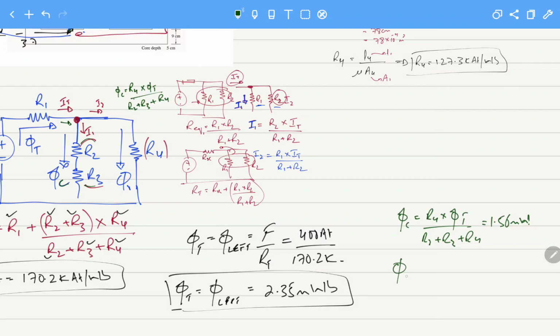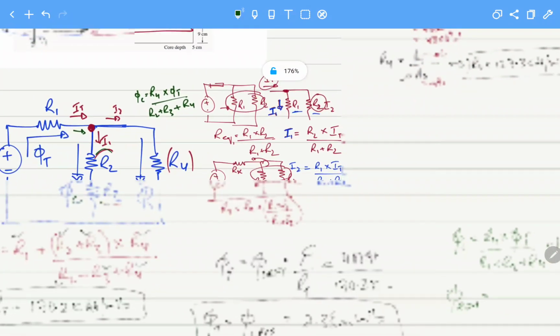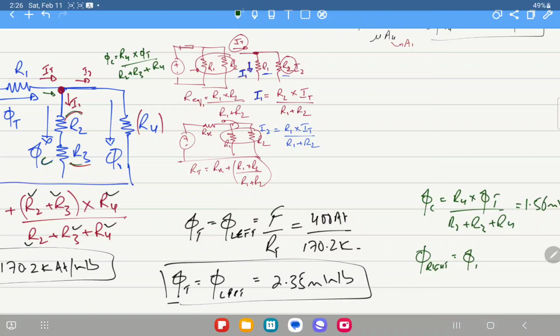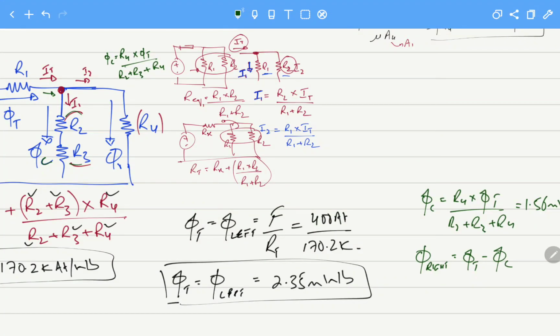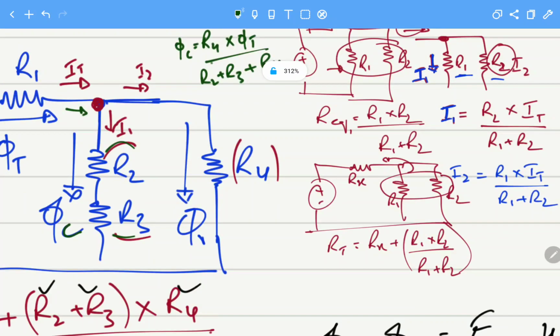Now what about flux in the right side? Actually, flux on the right side is flux T minus flux center, or if you want to practice your current divider rule, let's see what will be the flux on the right side, this flux here.